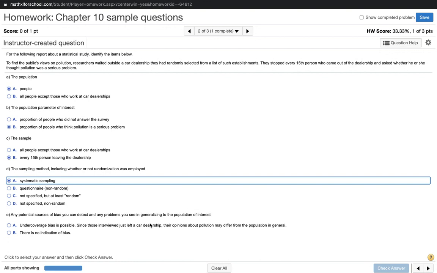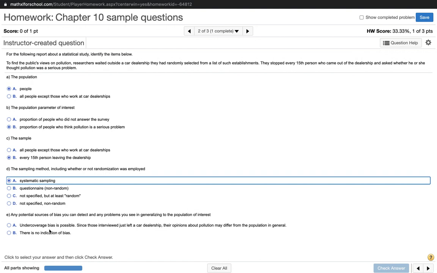What type of sampling method is it? Stopping every 15th person is systematic, hence a systematic sample. Can you detect any potential sources of bias, any problems in generalizing to the population of interest? We could say either that there's no bias or that undercoverage bias is possible, since those interviewed just left a car dealership, and their opinions about pollution may differ from the population in general.